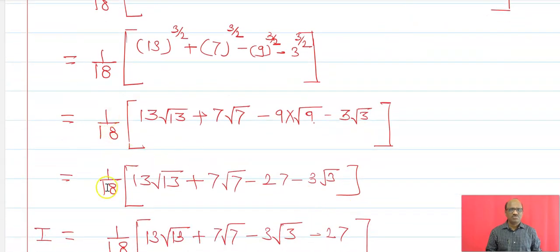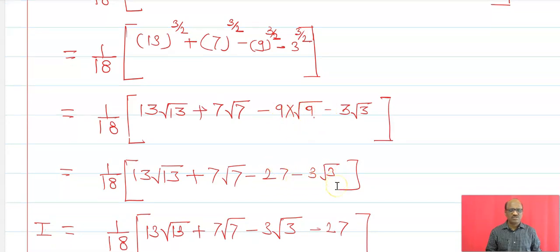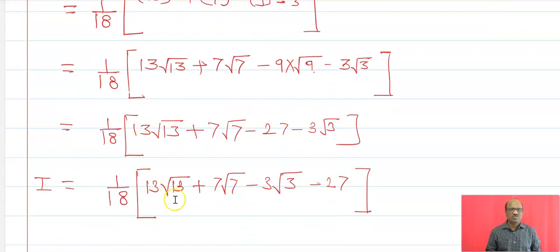Here, 1 upon 18, 13 root 13 plus 7 root 7 minus root of 9 means 3, 3 into 9 is 27, minus 3 root 3. Therefore 13 root 13 plus 7 root 7 minus 3 root 3 minus 27. This is the answer.